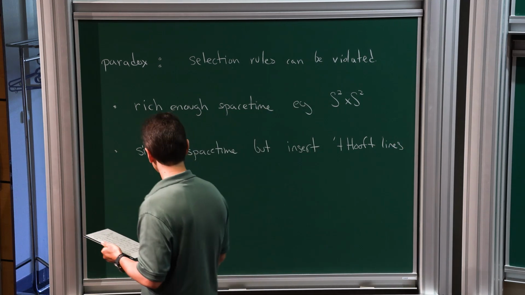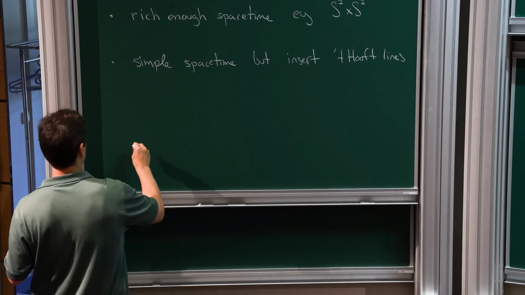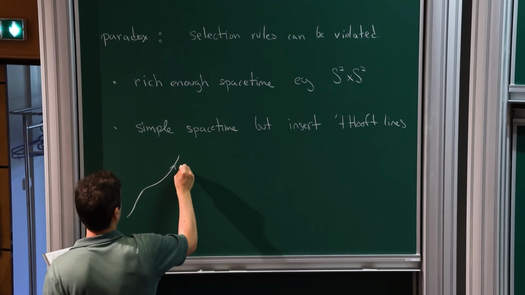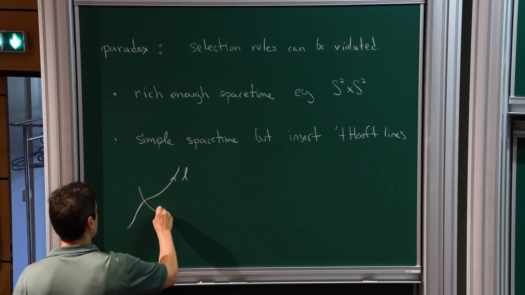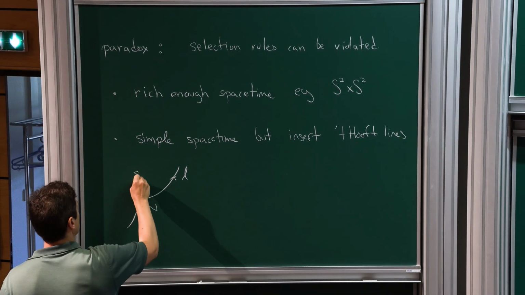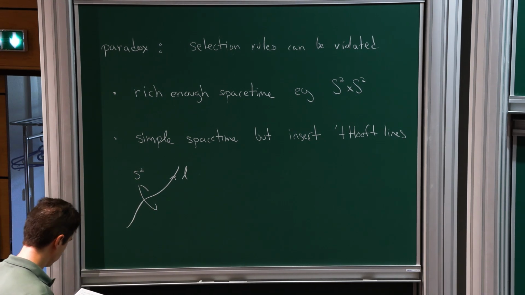Okay. Remember a 't Hooft line. So here's a 't Hooft line L. Here is a linking 2-sphere. I'm sorry I can't draw pictures in 4 space-time dimensions.